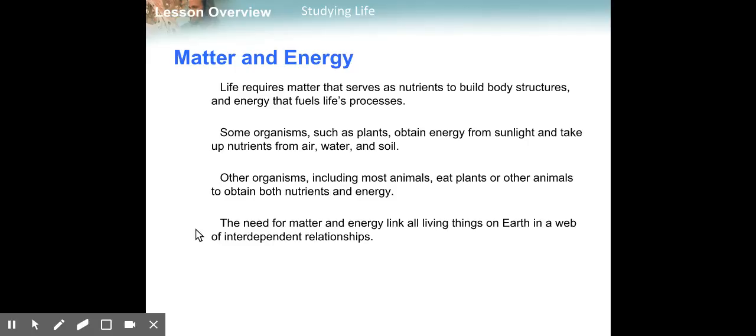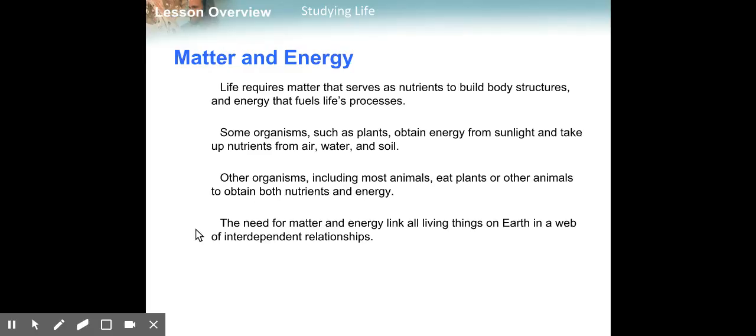Matter and energy. I used to spend a lot of time on this because people couldn't seem to comprehend the difference between matter and energy. But we don't have time for that anymore. So, matter, any physical thing. Obviously, we need matter, and usually that matter that we're taking in involves getting energy.